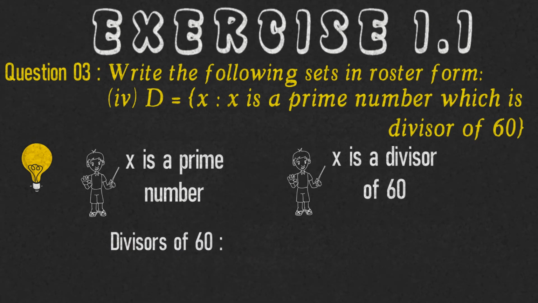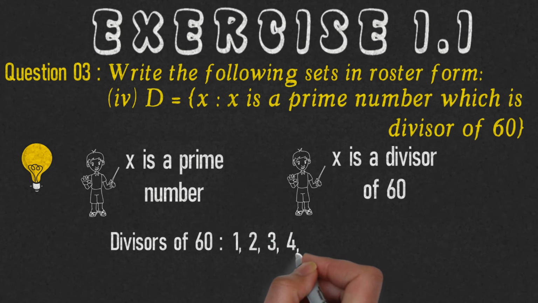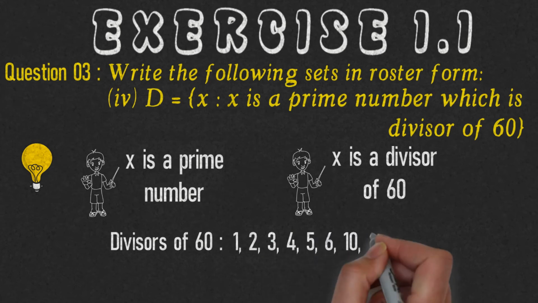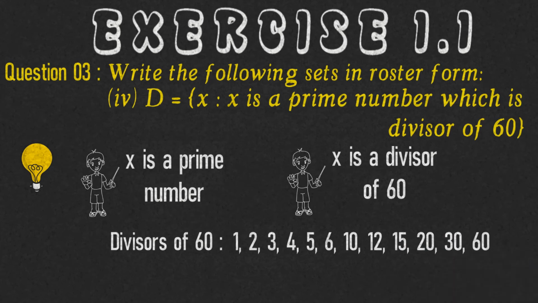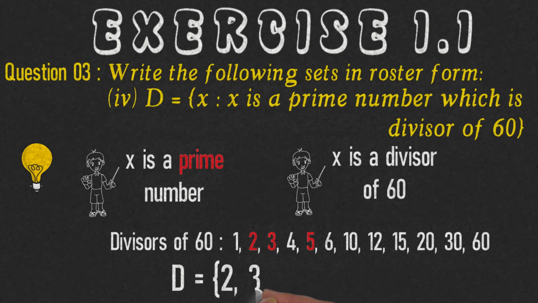They are 1, 2, 3, 4, 5, 6, 10, 12, 15, 20, 30, and 60. Now, as per the first condition, x should be a prime number. Prime numbers among the divisors of 60 are 2, 3, and 5. Therefore, we can write the given set in roster form as D is equal to set of 2, 3, 5.